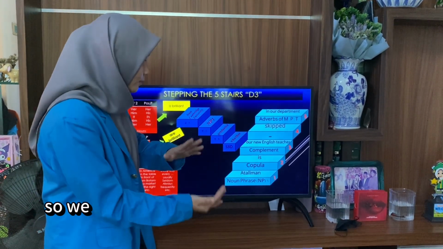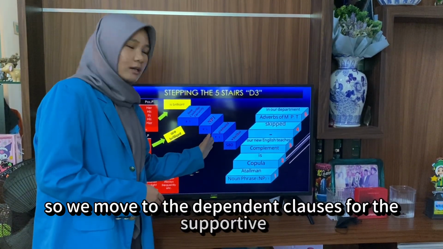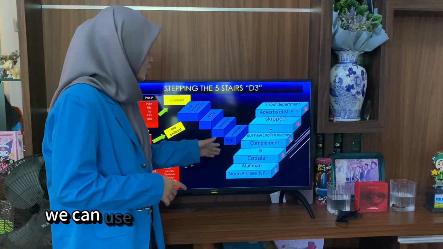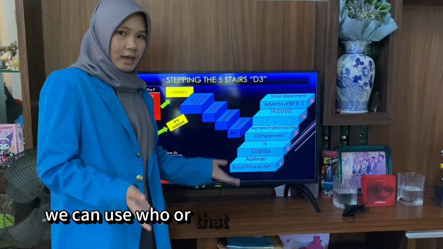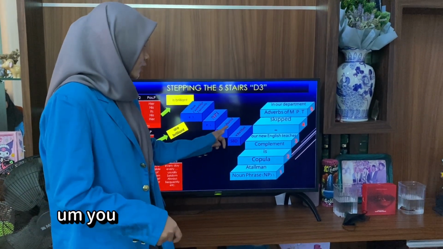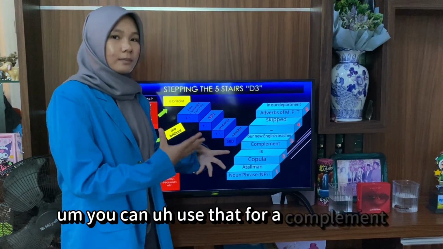So we move to the dependent clauses. For the subordinating clauses, we can use who or that. If you are confused, you can use that for a complement.